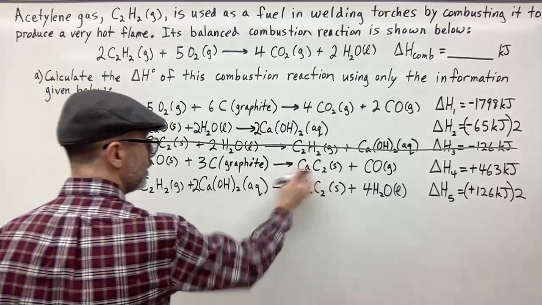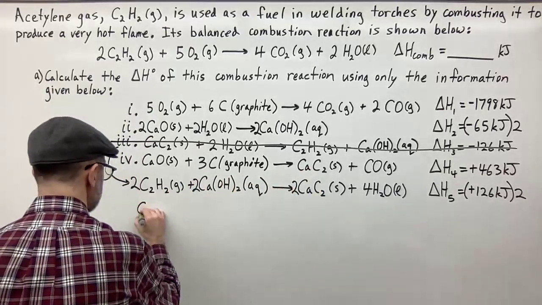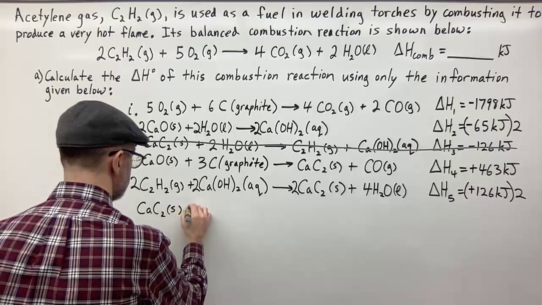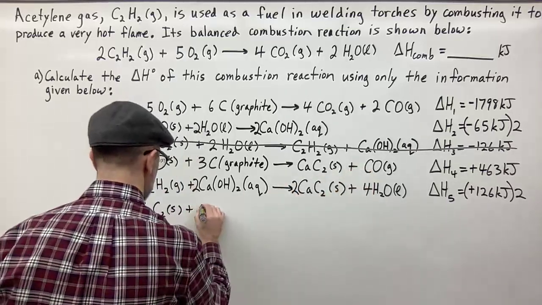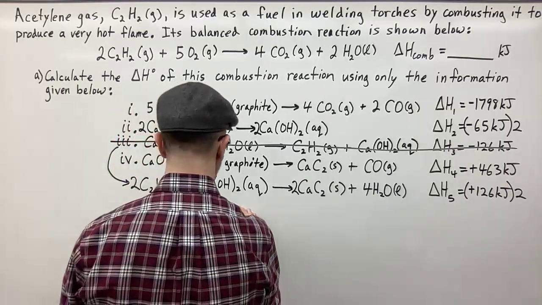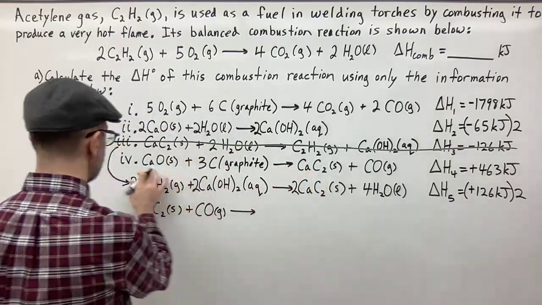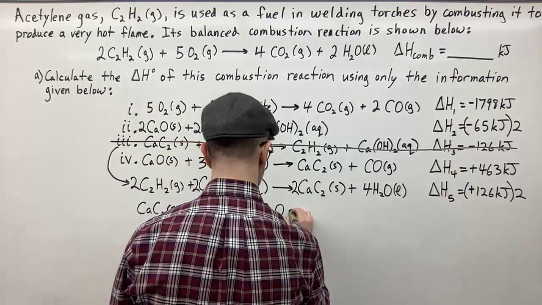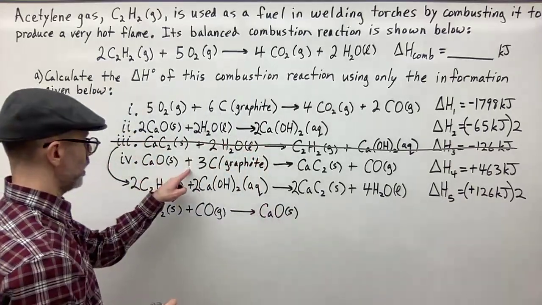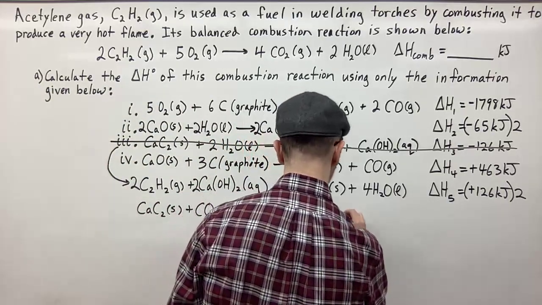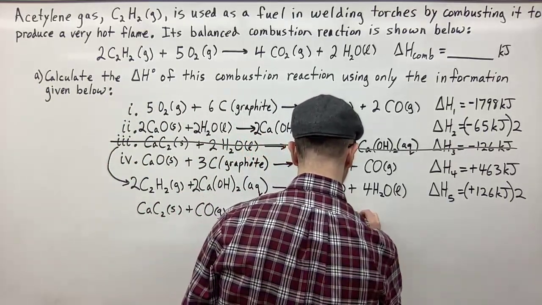So I'm going to have CaC2 solid plus CO gas, and that's going to give me on this side CaO solid plus 3 carbon graphite.